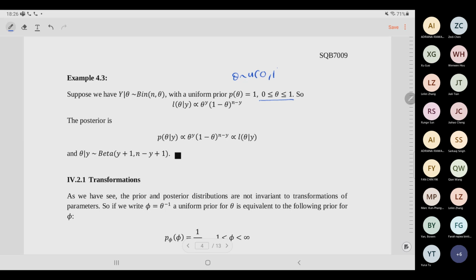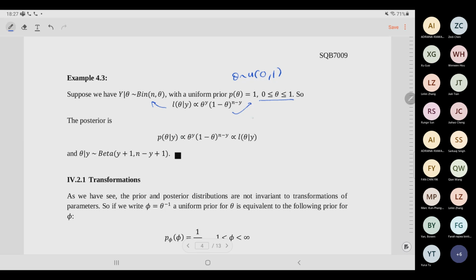Then if you have the likelihood from the binomial(n, theta), and you multiply the likelihood with the prior, you just multiply the likelihood with 1. So your posterior is proportional to your likelihood because you multiply by 1.